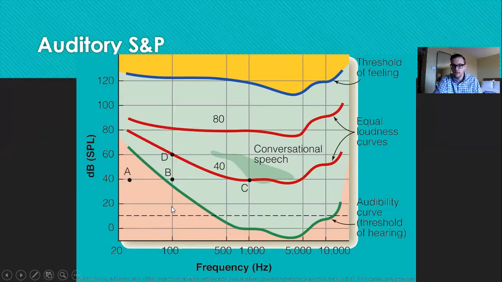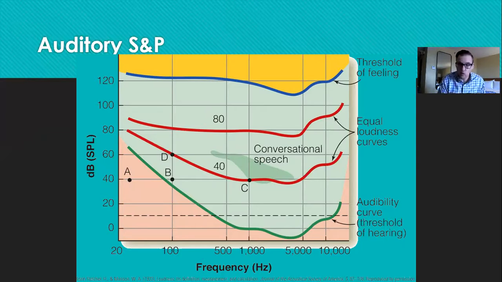Now we can hear a 500 hertz sound at 20 decibels. Why is that? Also, just because decibels are higher doesn't necessarily mean we perceive it as louder. For example, if you compare a 100 hertz sound at 40 decibels and a 1000 hertz sound at 40 decibels, you would perceive the 1000 hertz sound as being much louder.